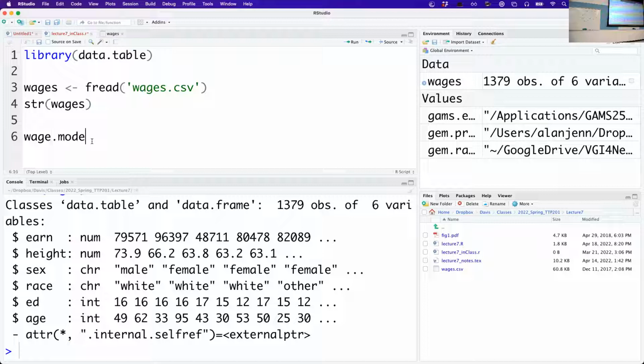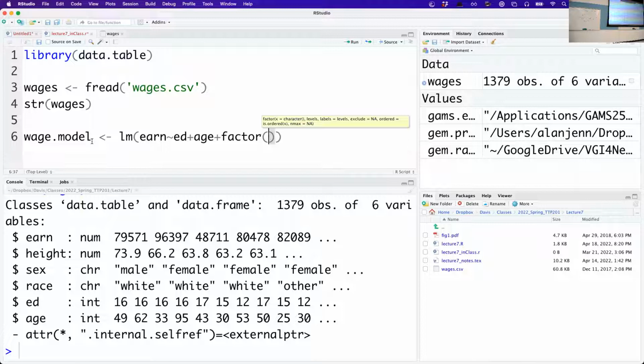So I'm going to create a model here. And let's take a look at what this is going to tell us. So this is going to be a multivariable model.